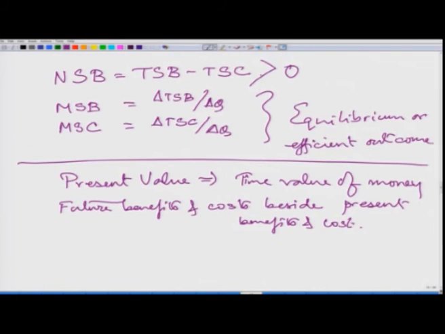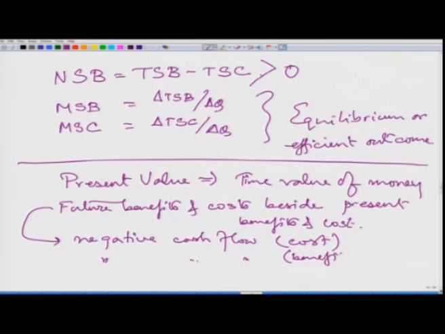While we are estimating, we have to estimate both the negative side, which is cost, often called negative cash flow, and the positive side, which is benefit. Based on today's cost and benefit, we will estimate the future predictions, do some forecasting, and then estimate the present value.